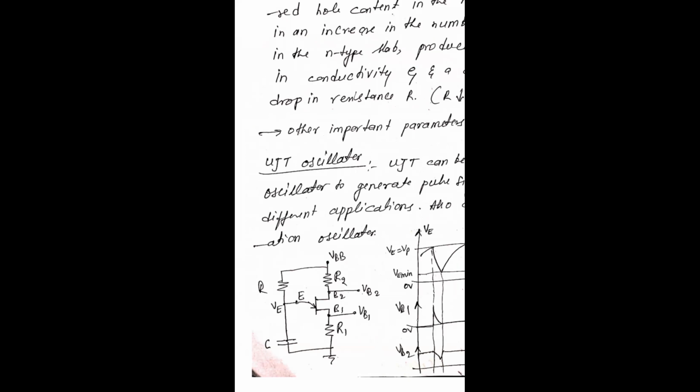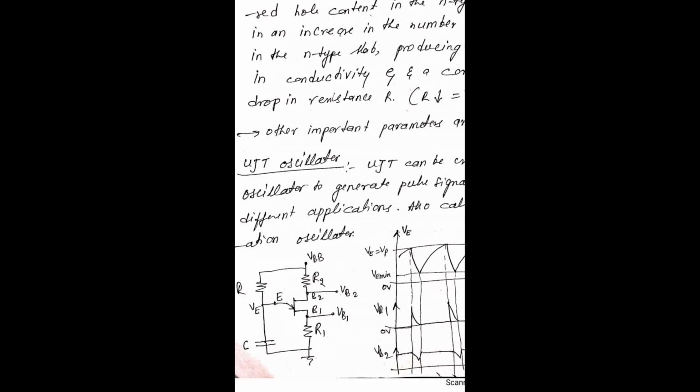So here you can see, initially, when you are going to give the VBB, the DC voltage, to the circuit, VBB is given to the circuit capacitance.